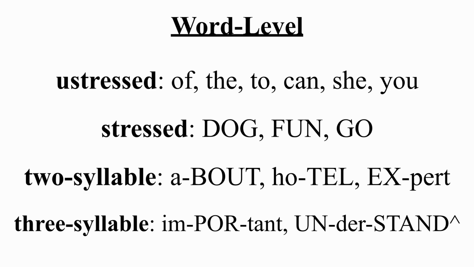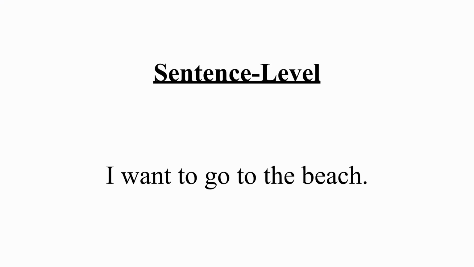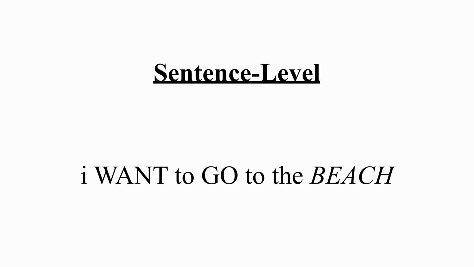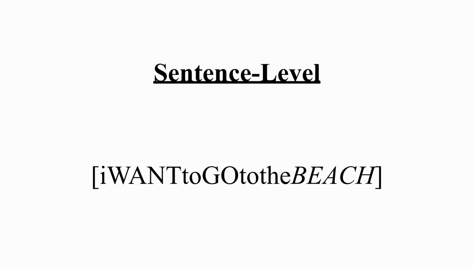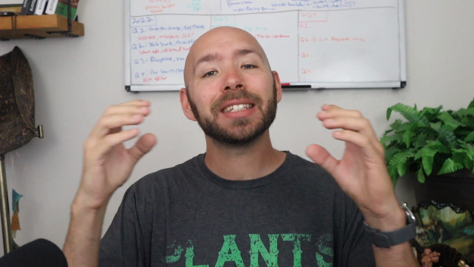At the word level, all words have their own word level stresses. So word level means word by word. But every sentence or thought group has a particular purpose as a whole unit, kind of like one big word. And this is what we call the sentence or phrase level as opposed to the word level.